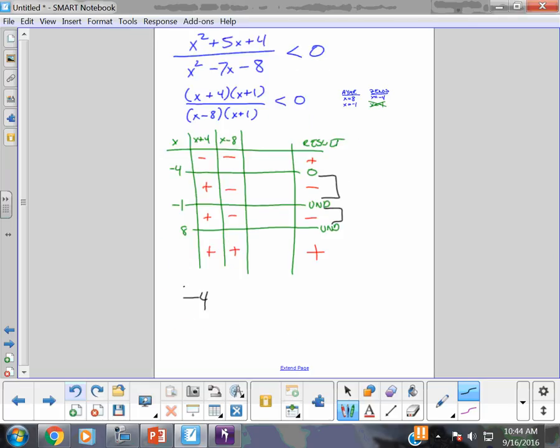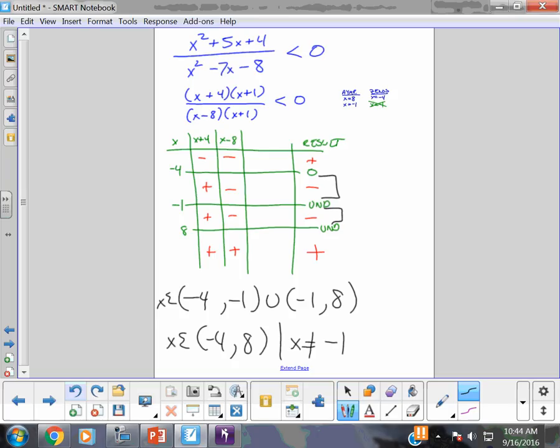Negative 4 to negative 1 and negative 1 to positive 8. That's one way to write it. I might write it this way, and that's x as an element. I might write it this way. Negative 4 to 8, x cannot equal negative 1. All right? Both ways are right.